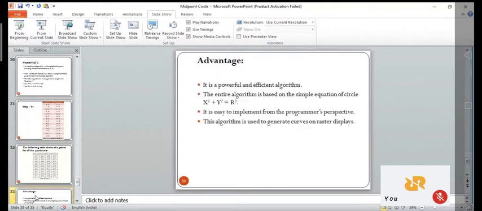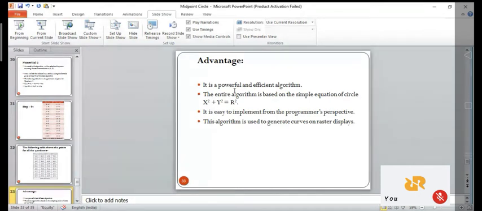Then next is advantages. So the advantage over here is it is a powerful and efficient algorithm. Okay, so whatever points you generate over here, those are up to the mark. You cannot say it will be too accurate, but it is up to the mark.